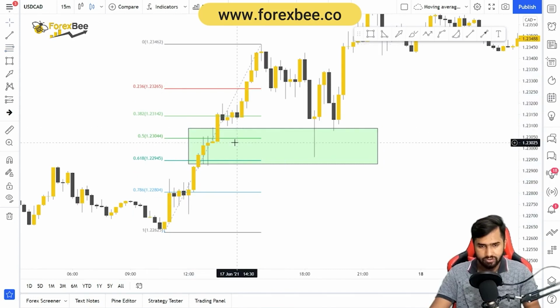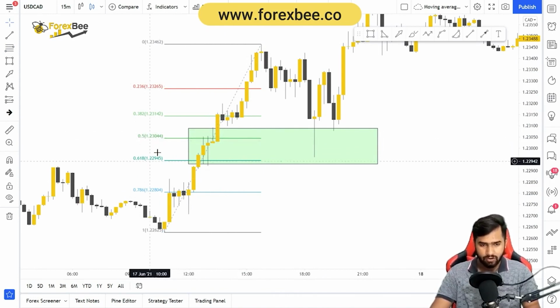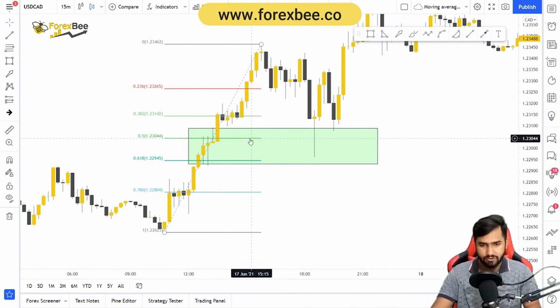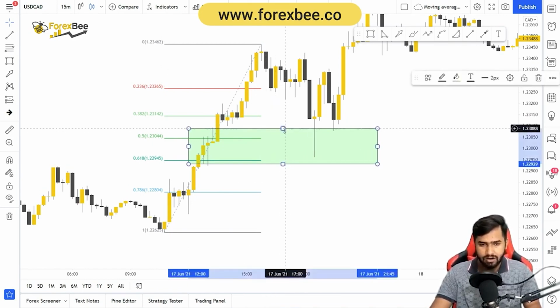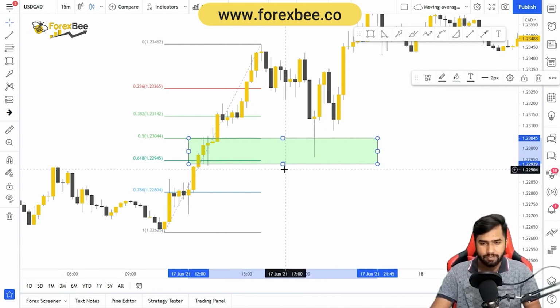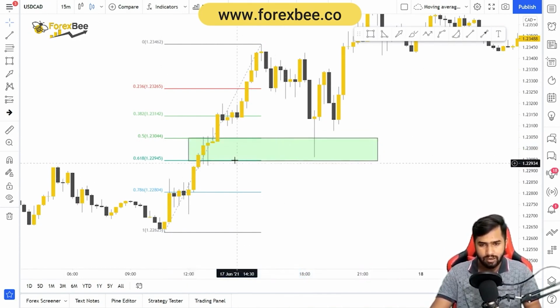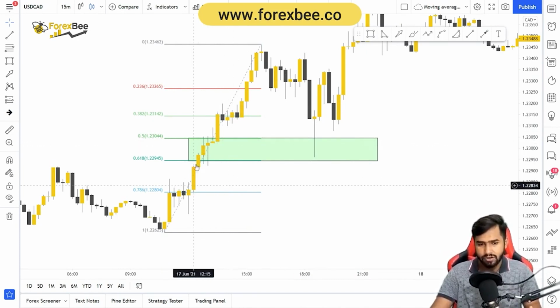Okay, so again you can see that the area of this zone or this demand zone is in between our golden zone or golden percentage of 50 and 61.8. So now what we need to do is we need to adjust our zone in order to take the pinpoint entry. And here you can see that we have spotted a strong demand zone.